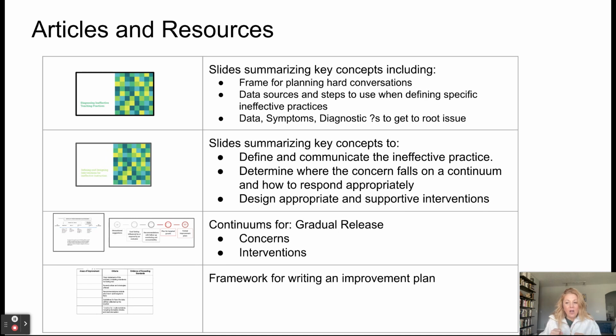It is also very important, in having hard conversations and in identifying or diagnosing problems, that you rely on evidence.